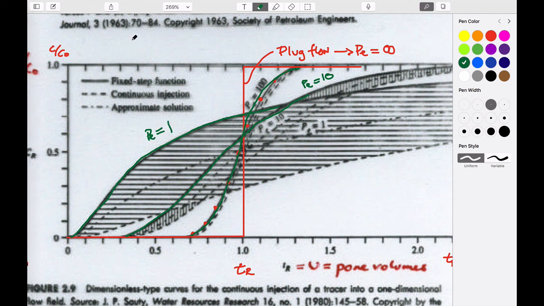And you remember that Peclet number we defined as the ratio of advective to dispersive fluxes, so velocity times length over dispersion coefficient.